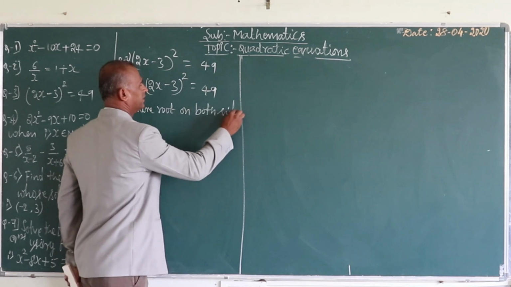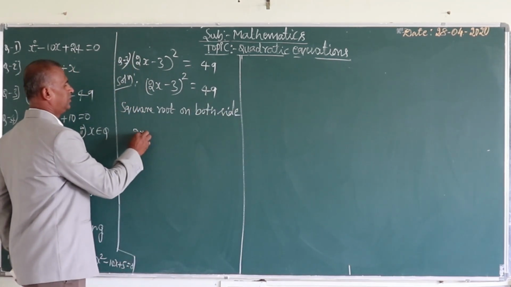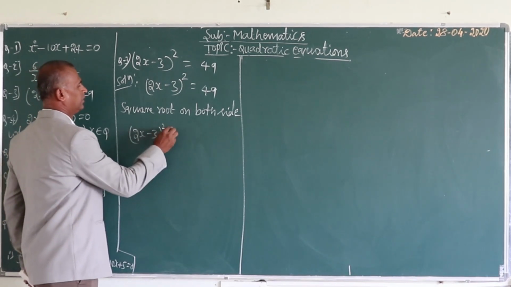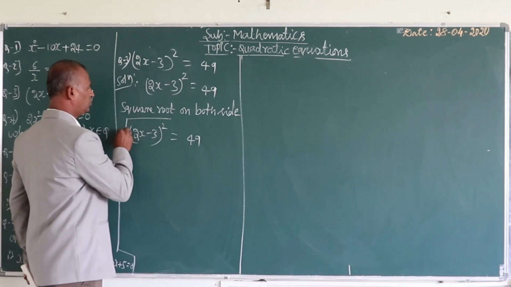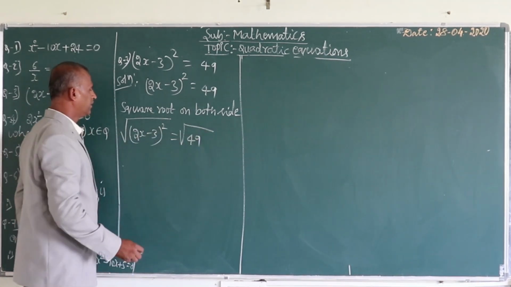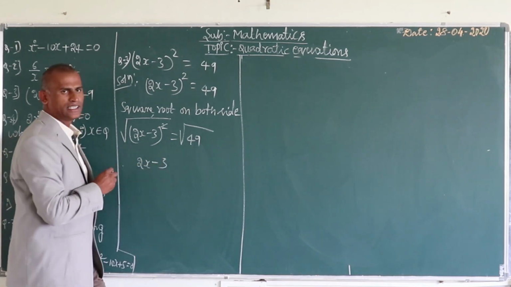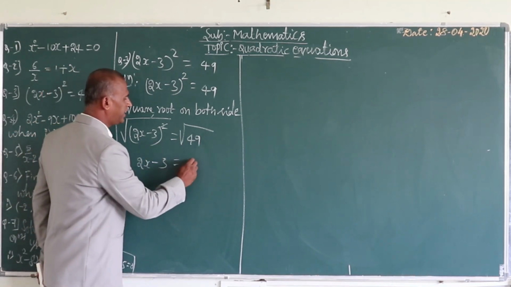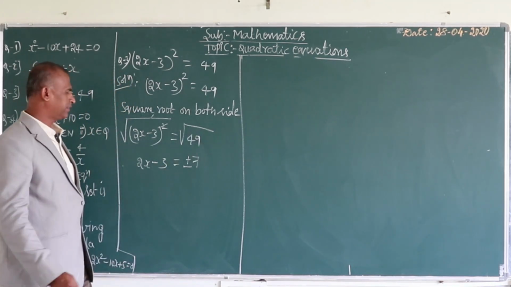Now square and root cancel: 2x minus 3 is equal to the square root of 49, which is 7, so we write plus or minus 7.